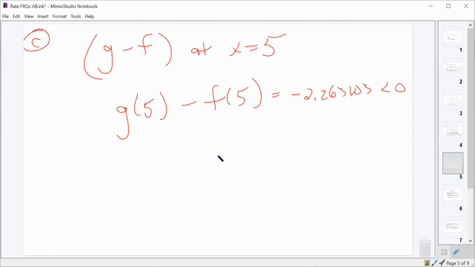And so that tells us that the number of pounds is decreasing, because the rate at which it's changing is negative. The amount that is being put onto the table is less than the amount that is being taken off the table. Good or no?